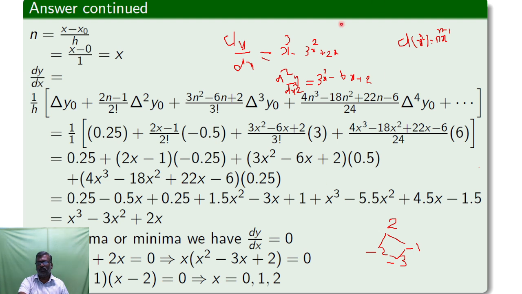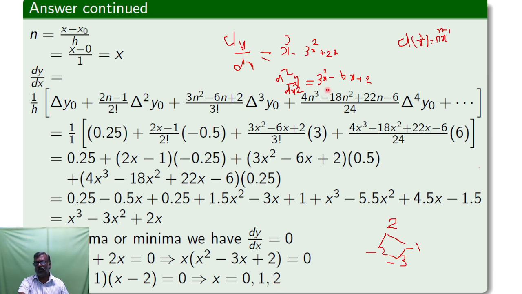Substitute all the values here. Suppose I take x equal to 0 in this one: 0 minus 0 plus 2, positive. So if you substitute x equal to 0, the function is a minimum. Suppose I take x equal to 1: 3 minus 6 plus 2, so minus 1 will come. The function is a maximum.